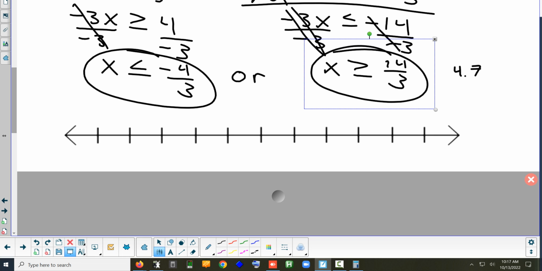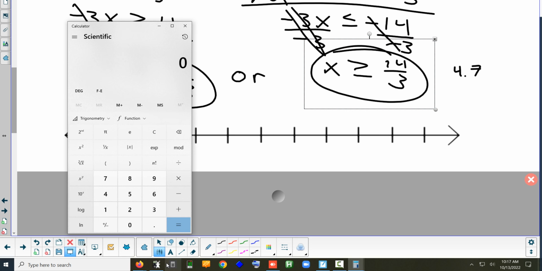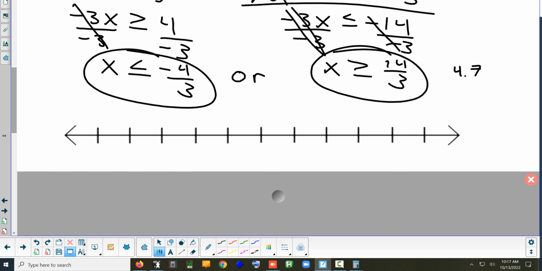Just so we have an idea of where to go on the number line, we want to go at 4.7. And then negative 4 divided by 3, that's about negative 1.3. Those aren't the nicest numbers, and on Edge Elastic, I'm going to try to make it so the number always comes out to like a 0.5, so that's a little easier to find. But let's make our number line.